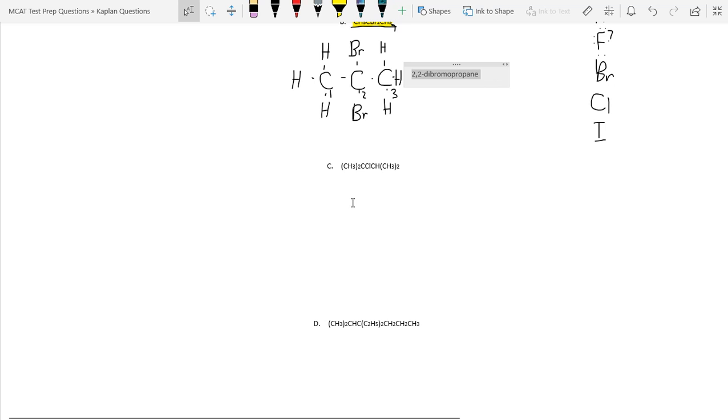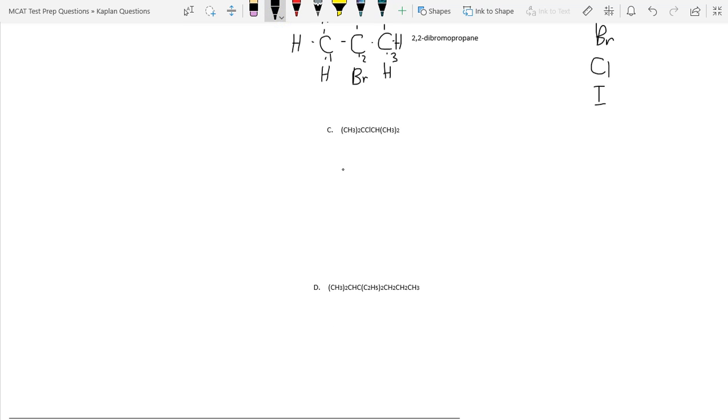So now looking at C, again I'm going to use the same strategy. I'm going to go from left to right. I have 2 CH3, so I'm going to draw my first one. And I'm going to look at what the first one's bonded to, which is a carbon with no hydrogens.